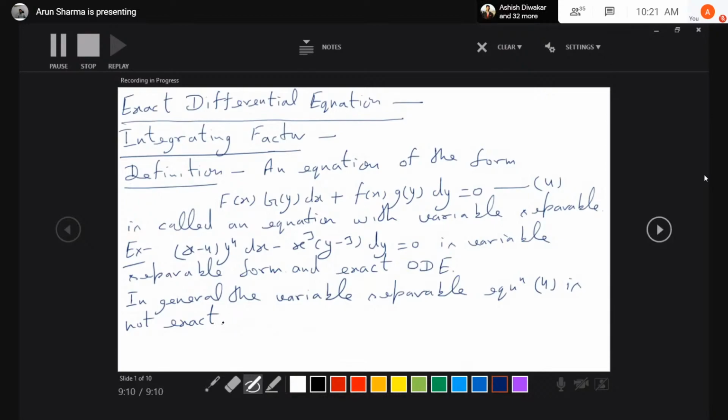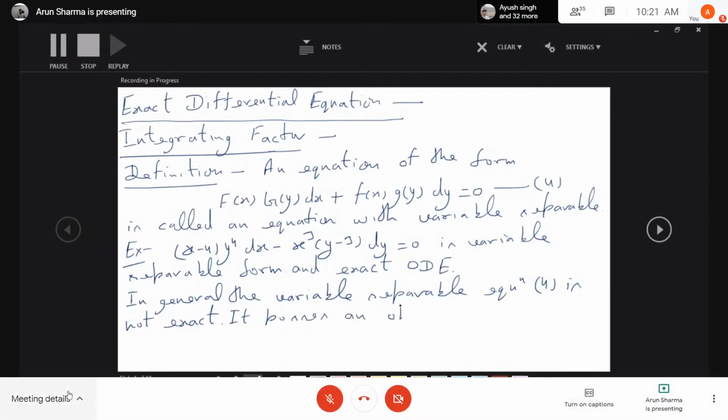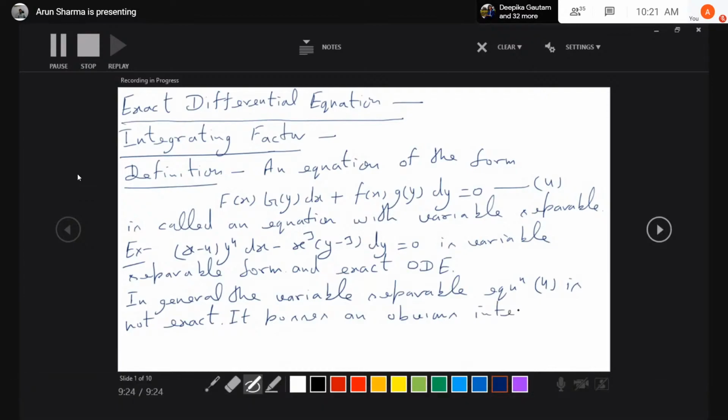So basically it possesses an obvious integrating factor. What you wrote, it passes, no? Sorry, it possesses, not passes.